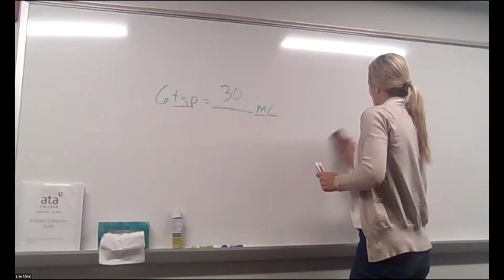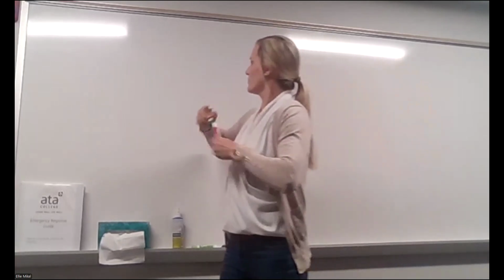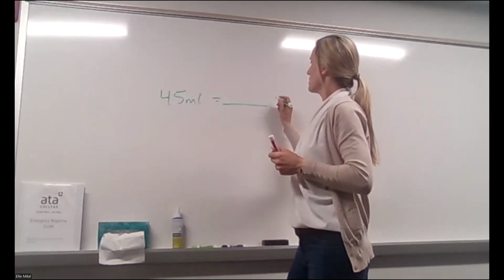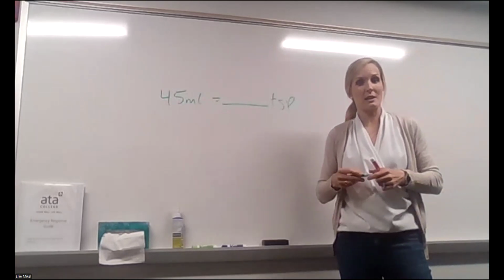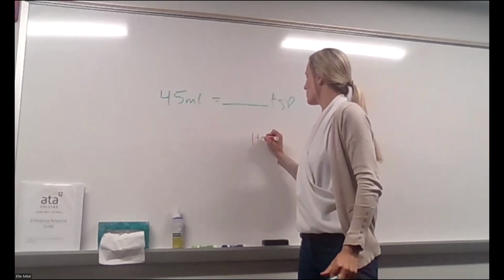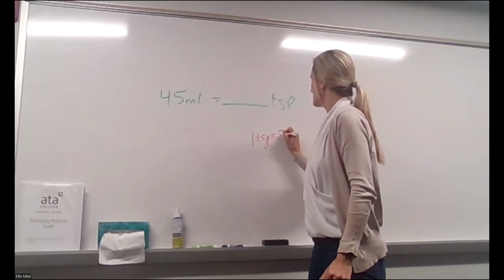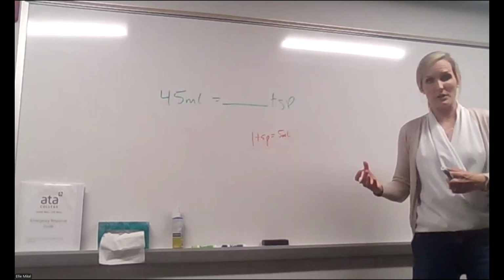If we had the reverse of this, so meaning if I had 45 milliliters and I want to know what that is in teaspoons, just based on the fact that I'm still working with teaspoons and milliliters, I'm still using the same known. One teaspoon is 5 milliliters. So again, 2 different methods.